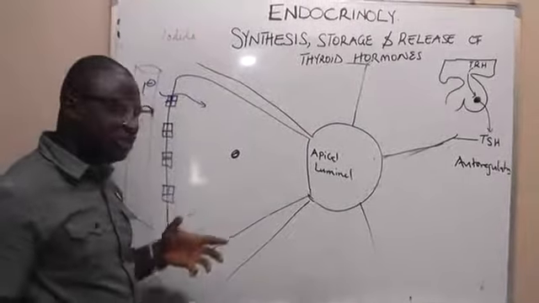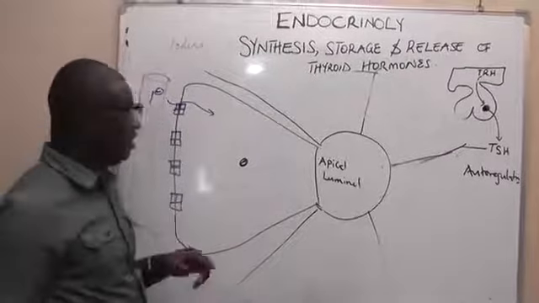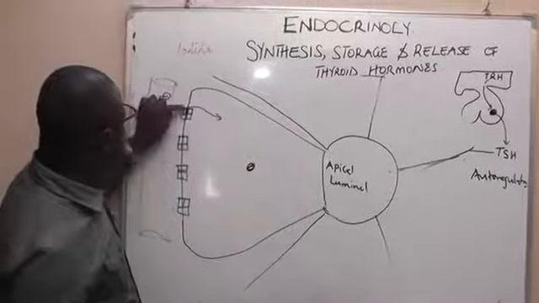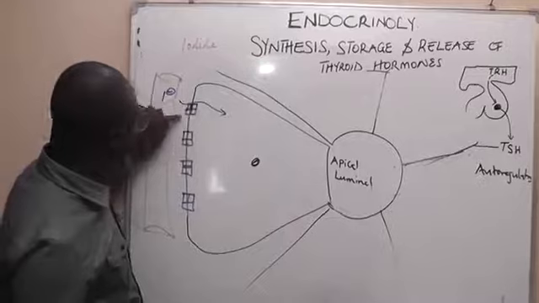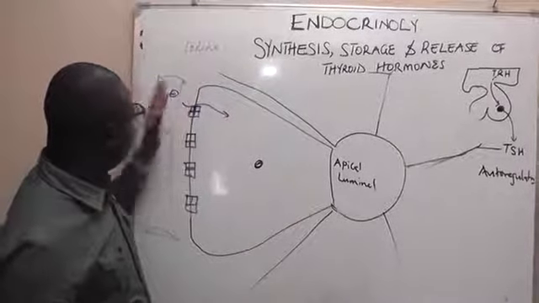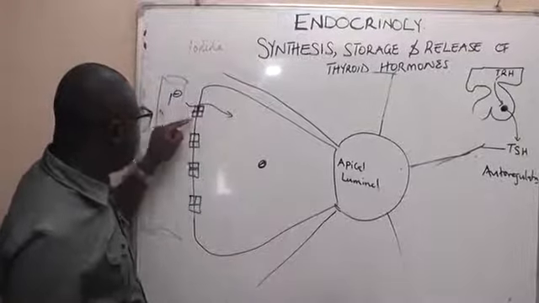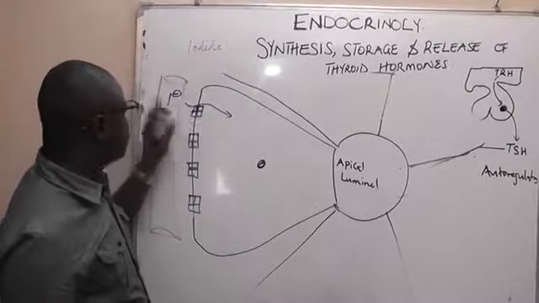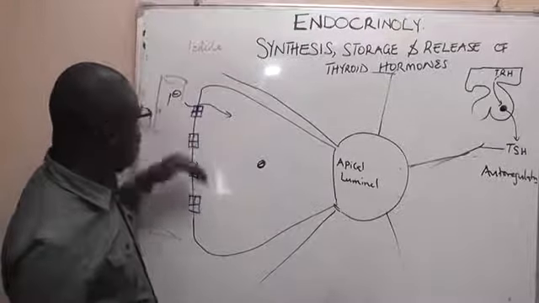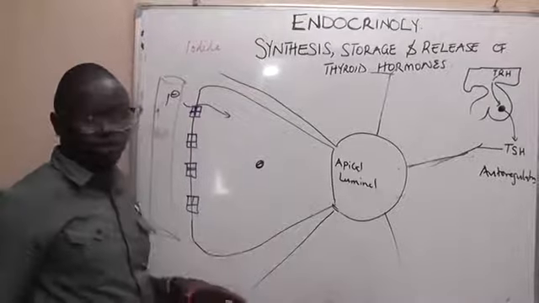I know it sounds somehow odd. If I say it again, if too much iodine is coming from the bloodstream, it inhibits this pump, and the activity of this pump is reduced.